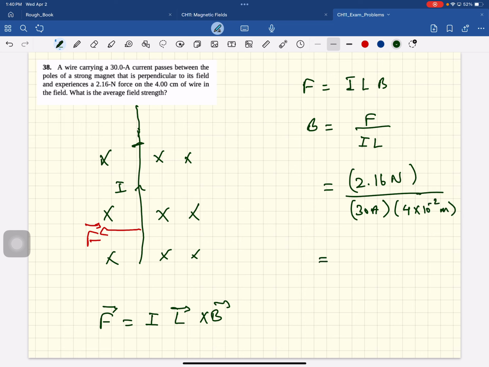So this is 216 divided by 120. So the magnetic field B is 1.8 Tesla. That's a very strong field.